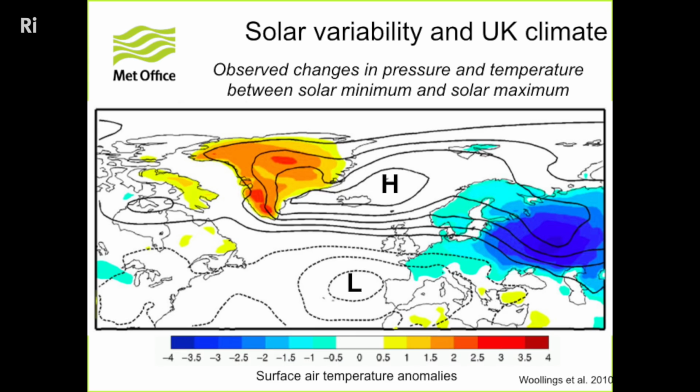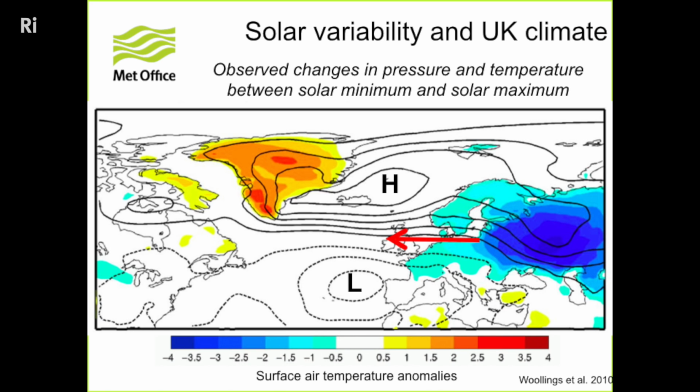And yet, the observations were telling us just that when we looked at changes in pressure and temperature between solar min and solar max. What we could see was changes in the pressure distribution such that we have a greater prevalence of easterly winds over the UK in winter.